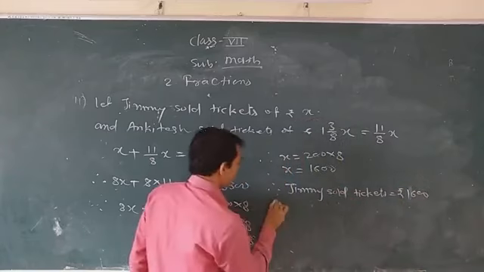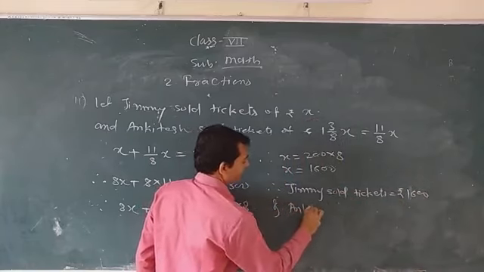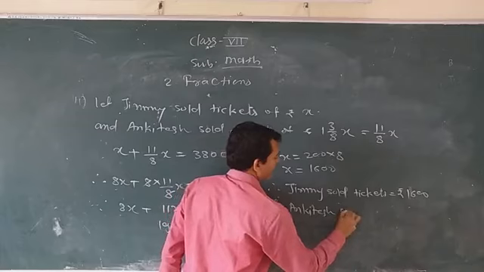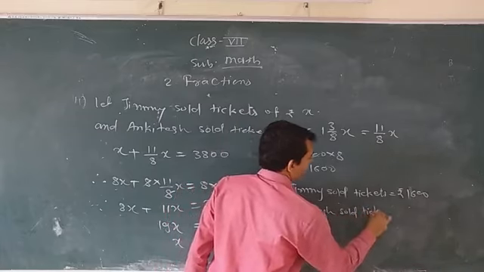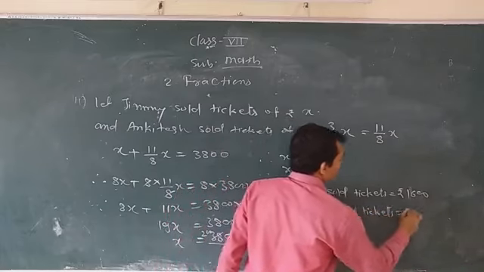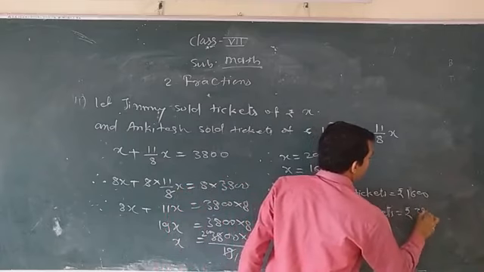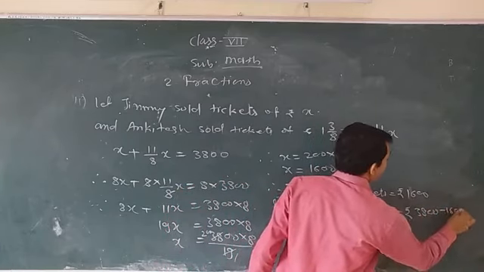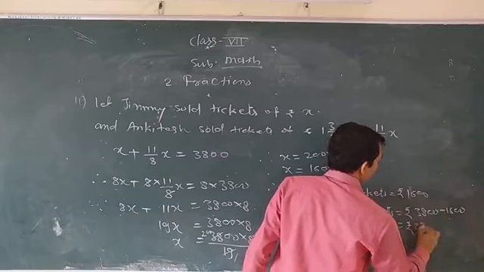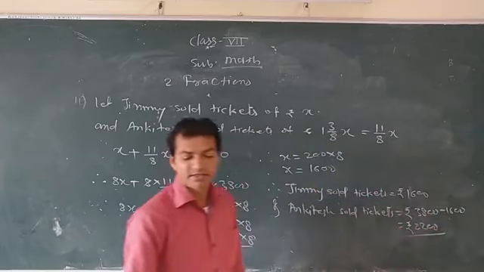Okay, and Ankit sold tickets is equal to rupees how many? 3800 minus 1600 is equal to rupees 2200. So like this you can find the answer.